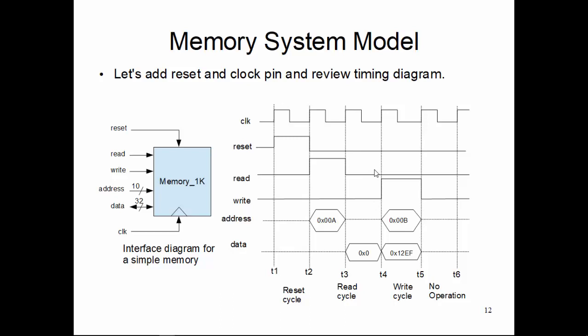So a read request between T2 and T3 and another read request between T3 and T4 won't conflict with each other, right? The result of the read operation between T2 and T3 comes in T3 to T4, and the result of the read operation between T3 and T4 will come at T4 to T5.